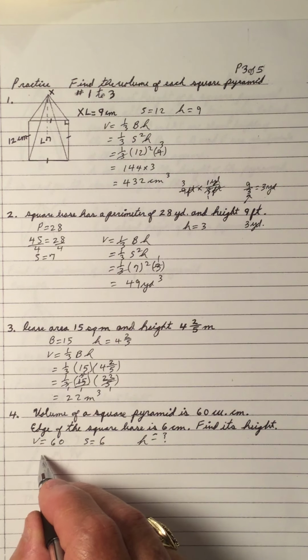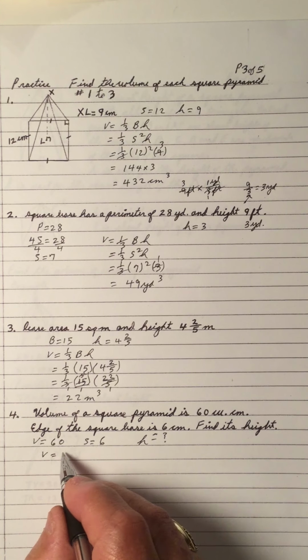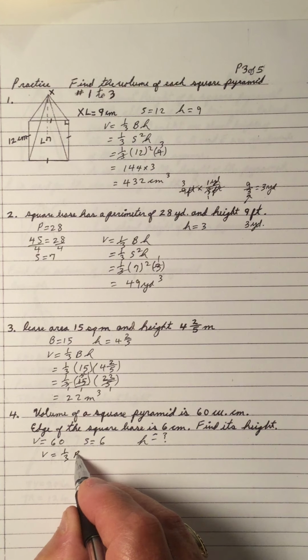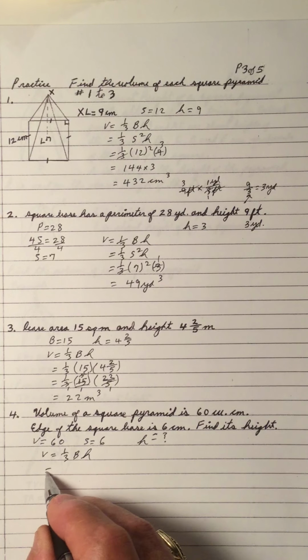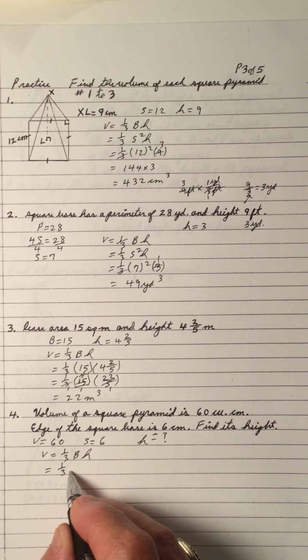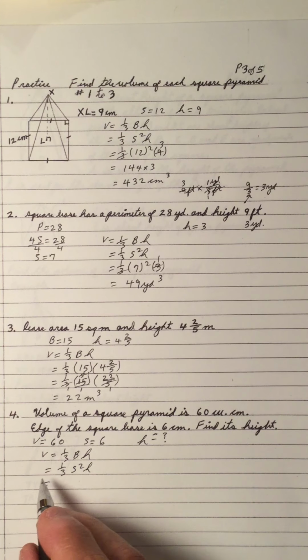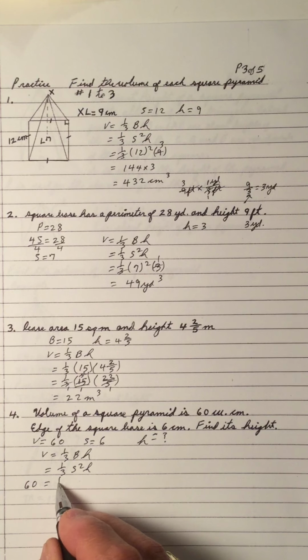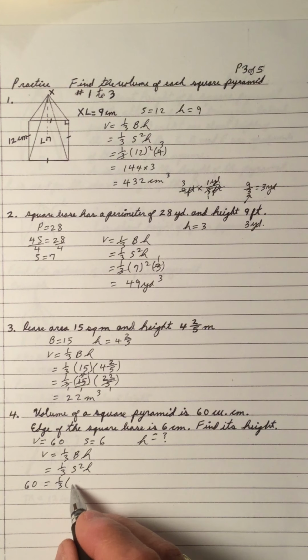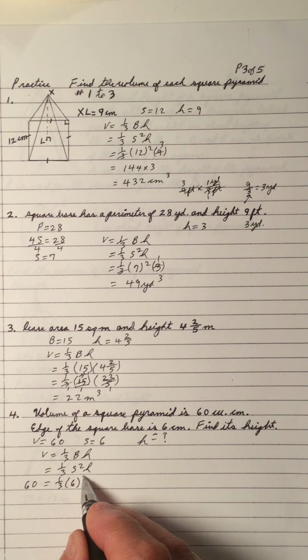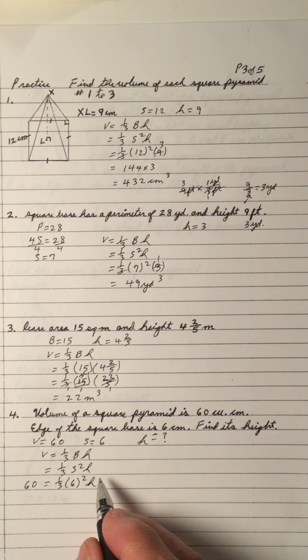So let's see. The volume is 1/3 base area times height. So it's 1/3 of S squared times height. So if the volume is 60, let's put 60 in the place of volume. And we have an edge of 6, so we put 6 in the place of S. And we have to find the height.